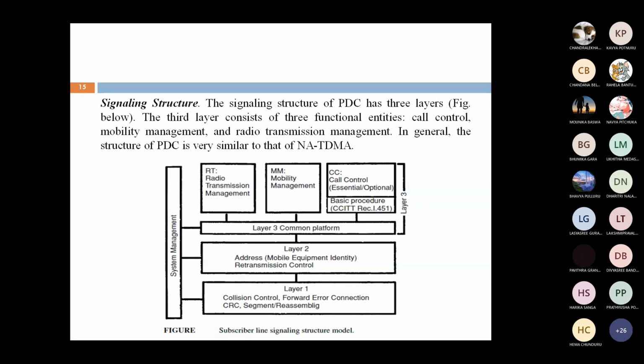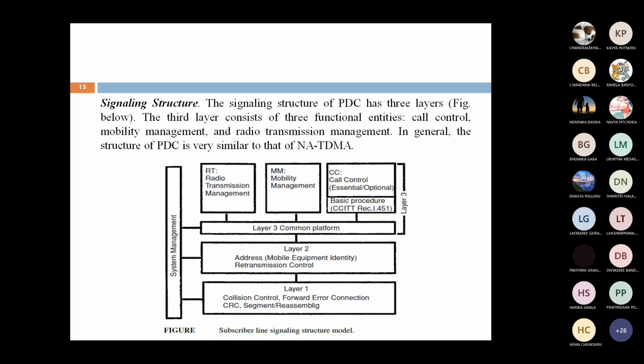The first is call control, that is how to set up a call. Then mobility management, where the mobile moves from one location to another and the frequency has to change. And radio transmission management. These are the 3 basic functionalities in the third layer of PDC.